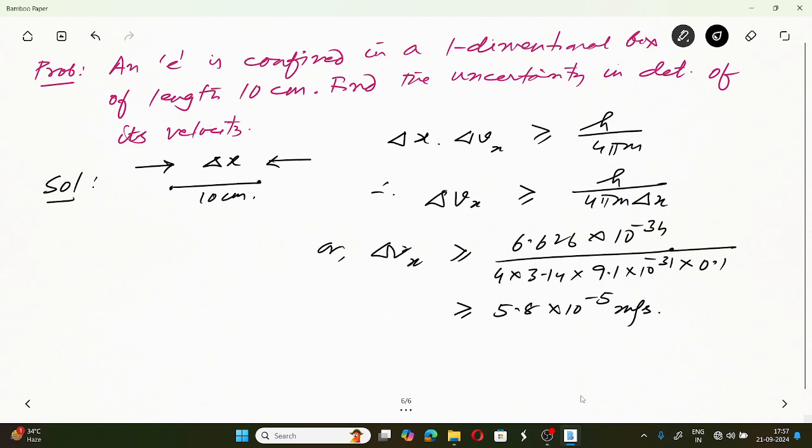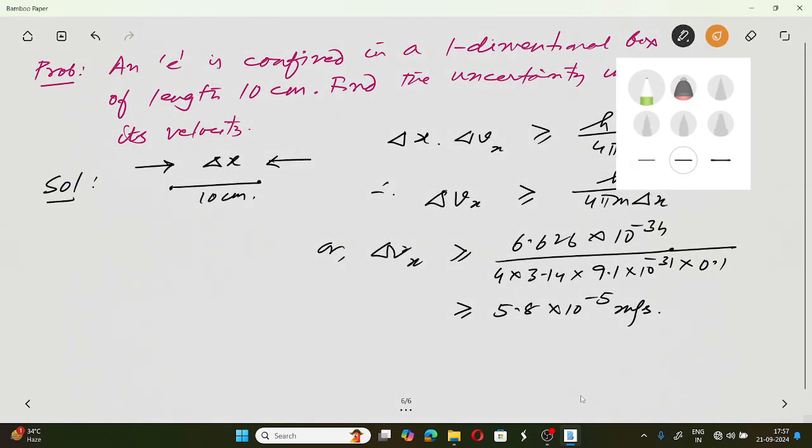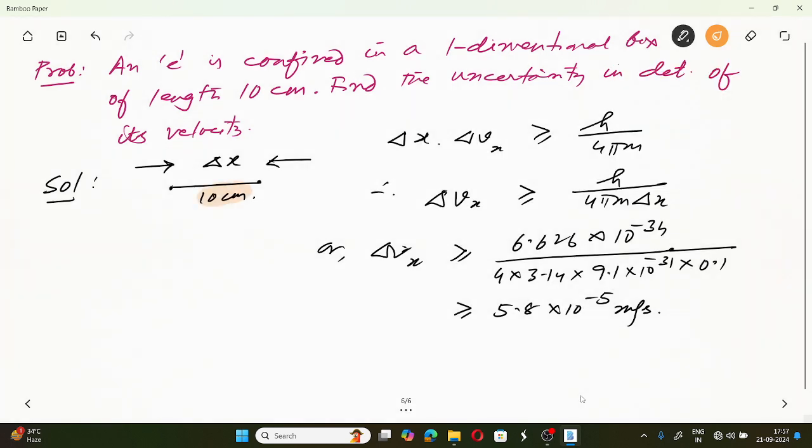See, with respect to the electron, try to understand, this value of uncertainty is very high. That means the position of the electron cannot be determined. You cannot determine the position of the electron, isn't it?